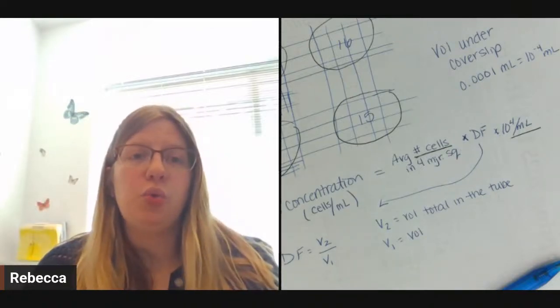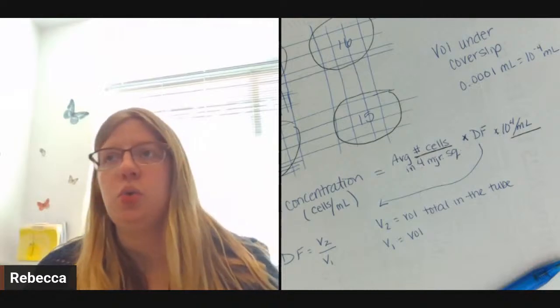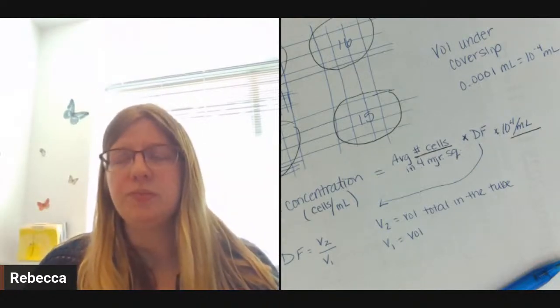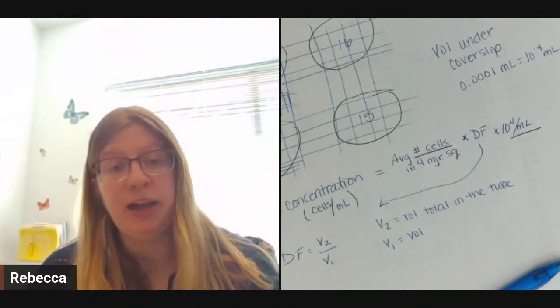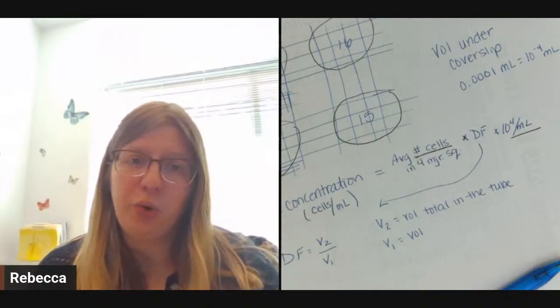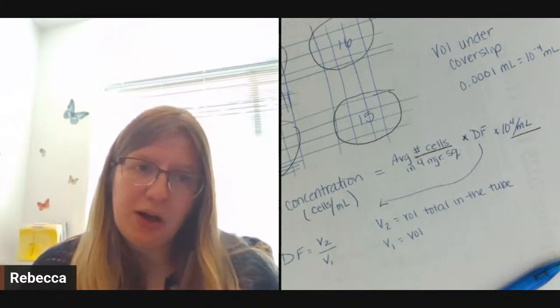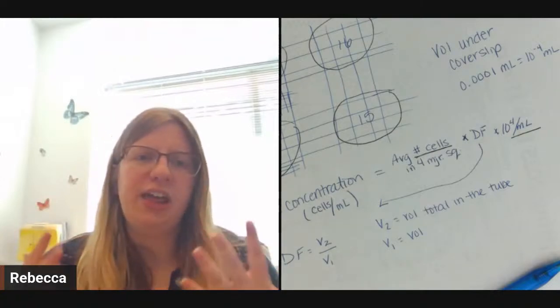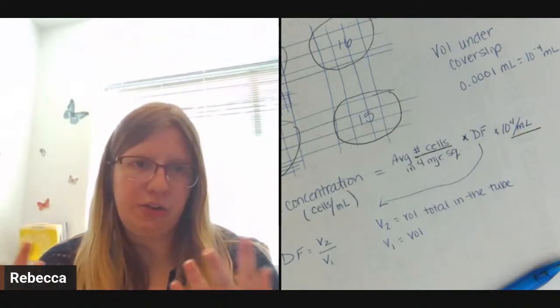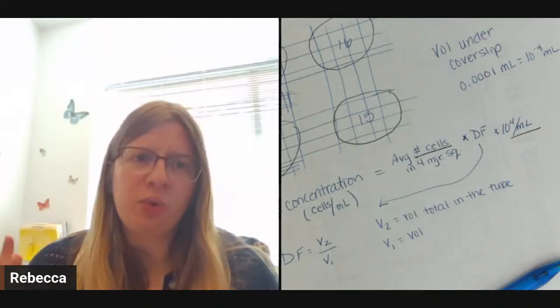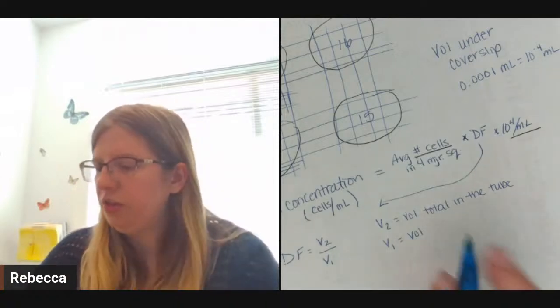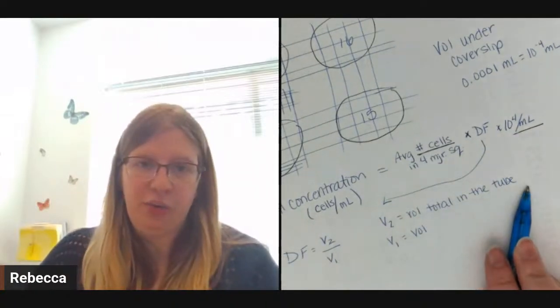Some of you who did dilutions for your independent projects might have used distilled water or another type of buffer or dechlorinated water. So we just say buffer as a general, right? It's basically what we dilute with. So the total volume in the tube is what's going to go on top.